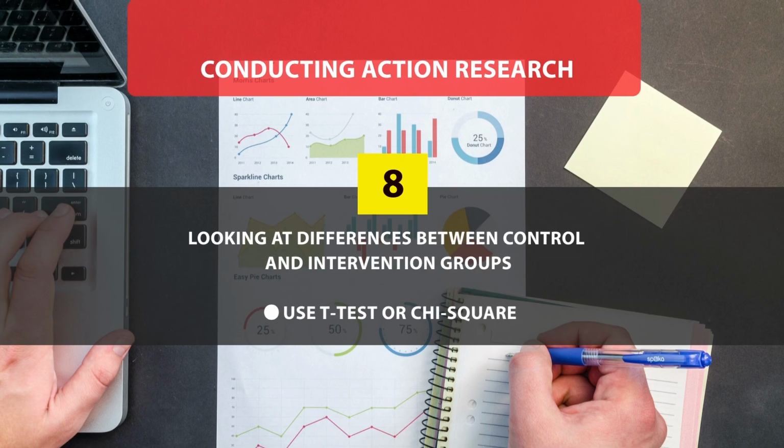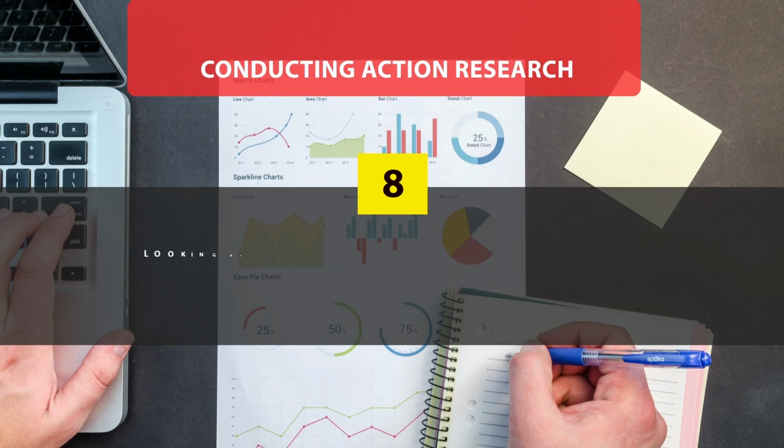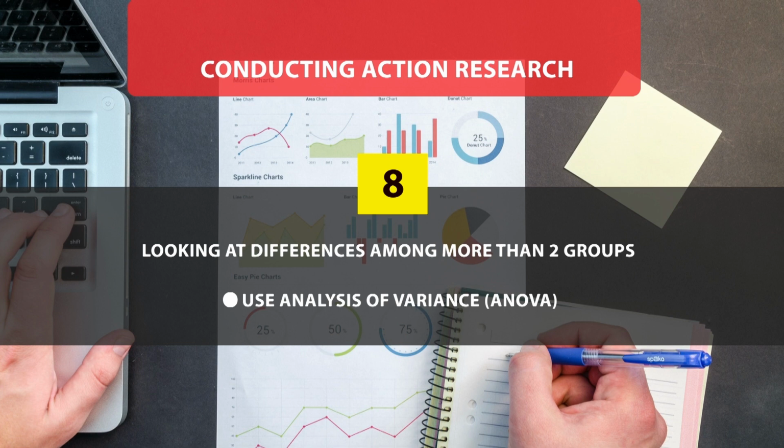If you are looking at the differences between the control group and intervention group, you can use t-test or chi-square. If you are looking among more than two groups, you can use analysis of variance, called ANOVA. So, what kind of statistics you will use to analyze your data, you also plan in advance, and it is always a part of your action research proposal.